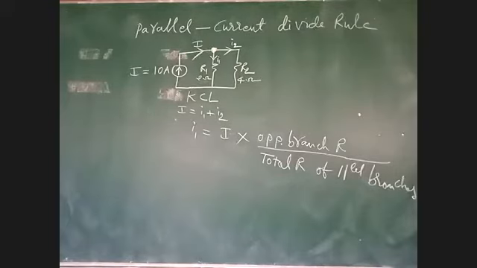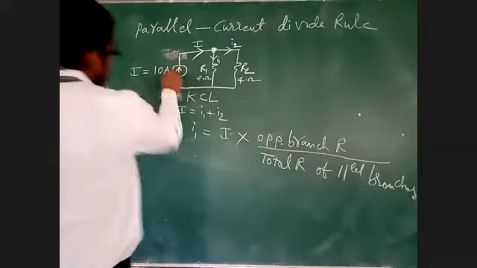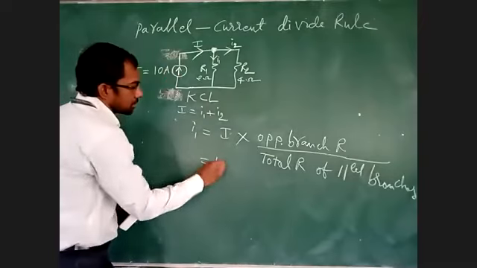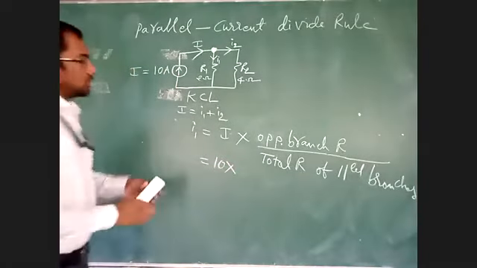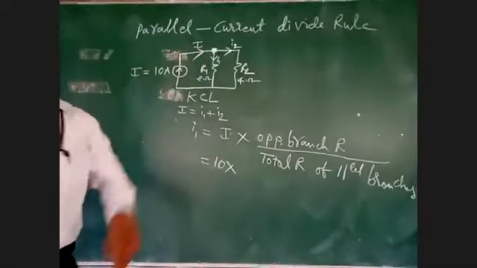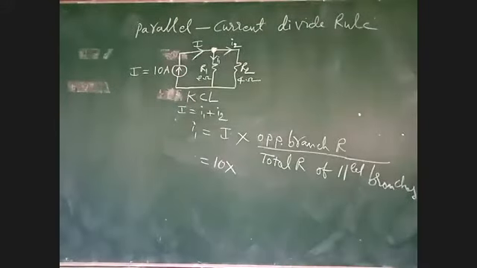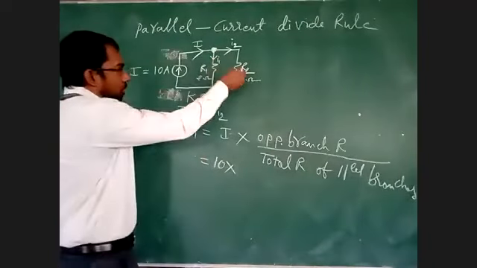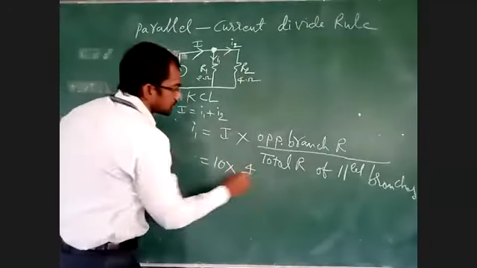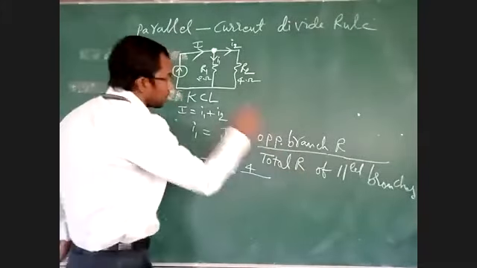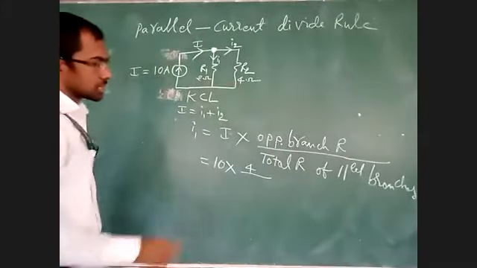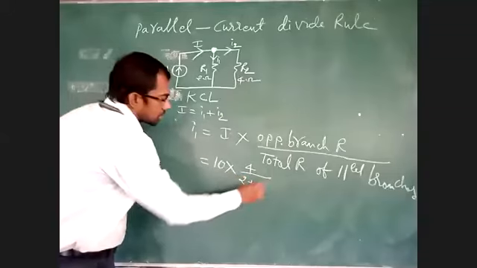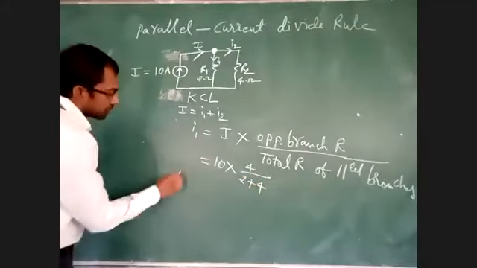Now I will determine I1 and I2. See here, your total current is 10 ampere. 10 into 4. For I1, what is the opposite branch? 4 ohms. Divided by total resistance of parallel branches, 2 plus 4.